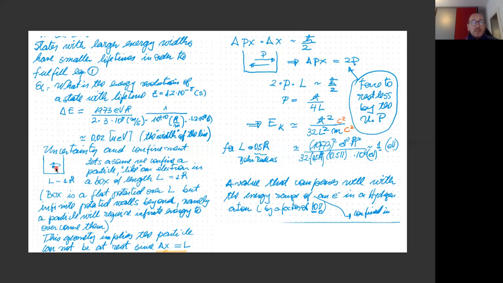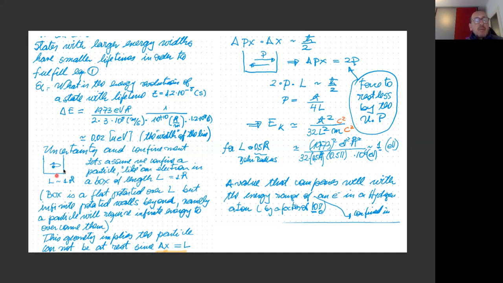This is something strange, because this has to do with the uncertainty principle. I cannot have a particle fixed in space with zero velocity, because that would violate the principle: if it's zero velocity, delta P will be zero, so delta X could be infinity, and I don't know where the particle is. But now if I put the particle inside a box, there's a restriction.